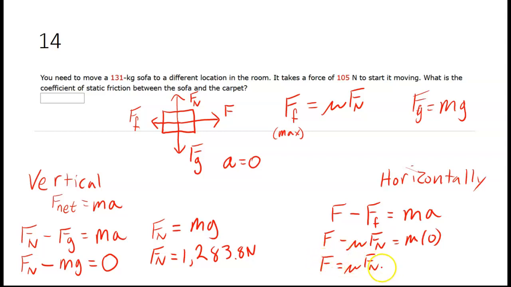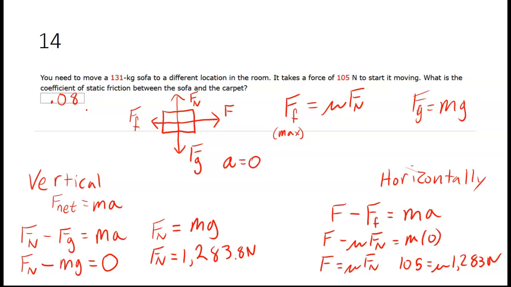And I can see with a little bit of substitution, 105 is equal to mu times 1,283 newtons. So by dividing 105 by 1,283, I would get 0.08 as my coefficient of friction.